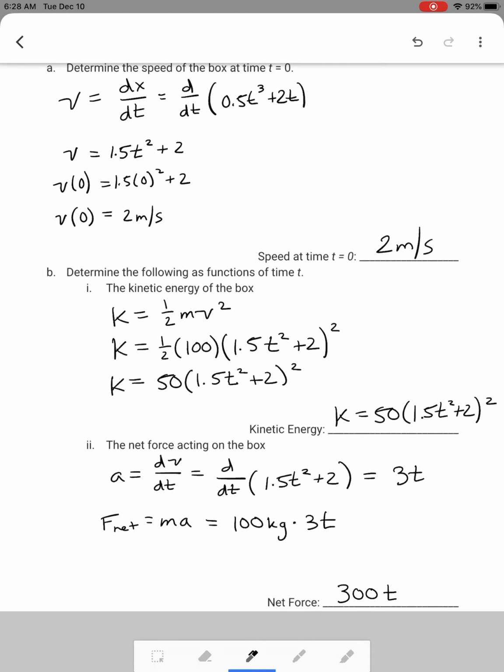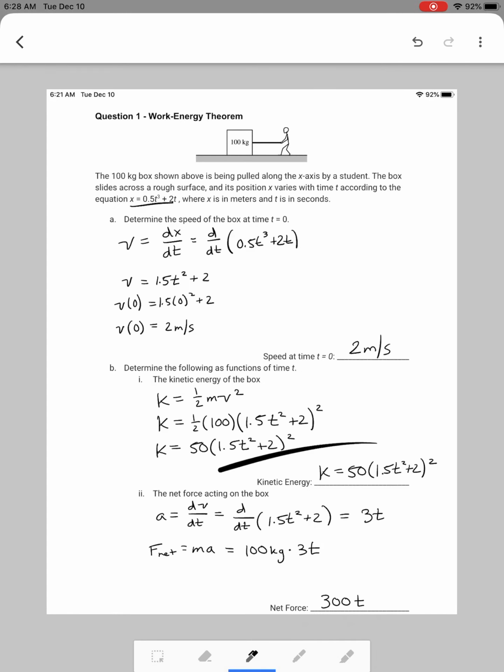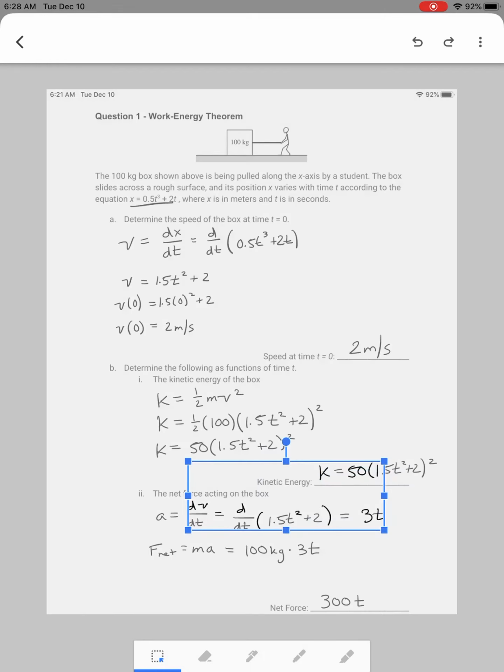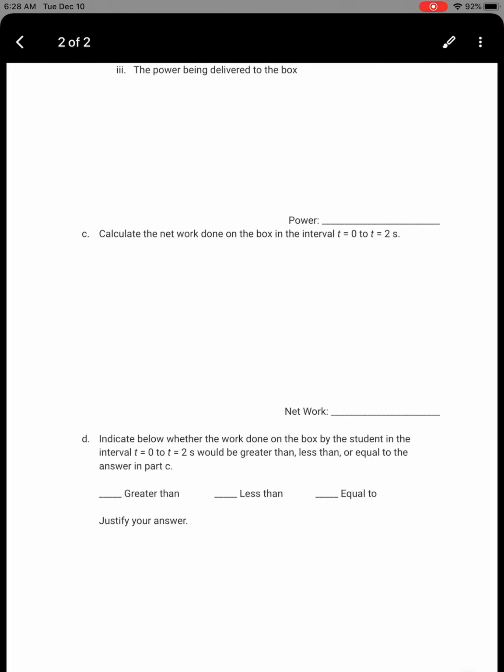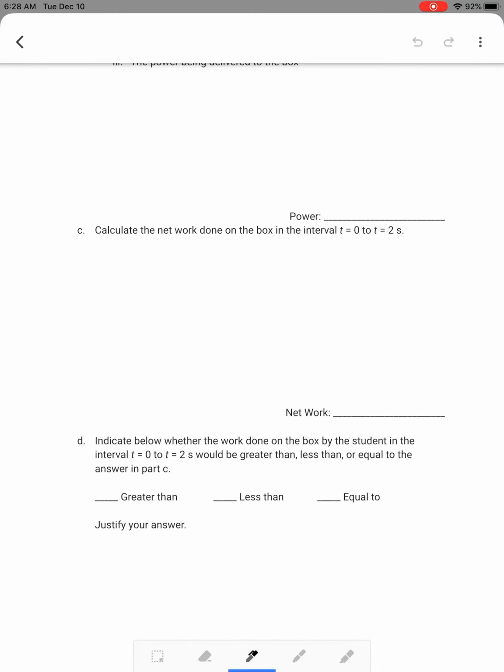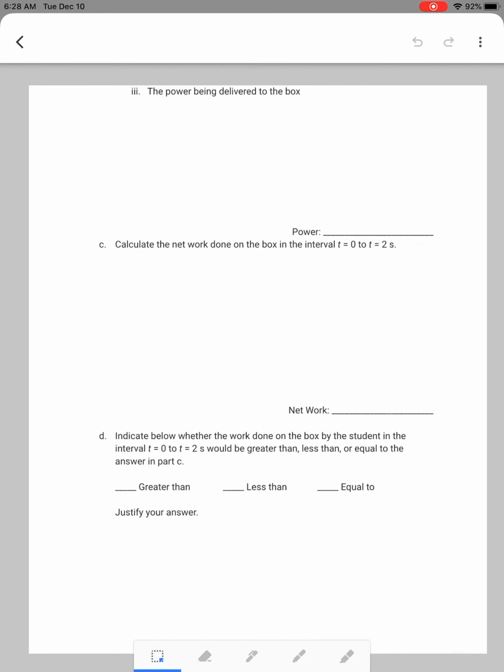All right. Moving on. So let's talk about power, the power being delivered to the box here. There are like two ways that you could have done this here. Let's talk about the easiest one first. So broadly, power is represented by the dot product of force and velocity.